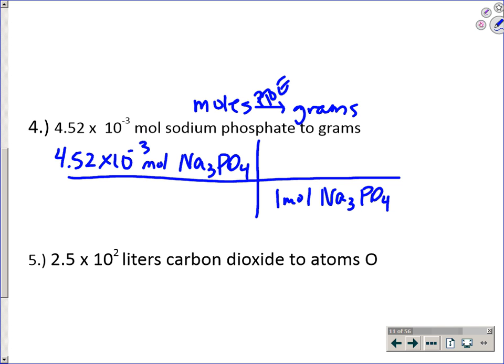What did you get for your molar mass of sodium phosphate? Shout it out for me. Starts with a 1, 6, 160 what? Oh, for sulfur. Sorry, that comes from memory. Phosphorus' molar mass is 30.97.